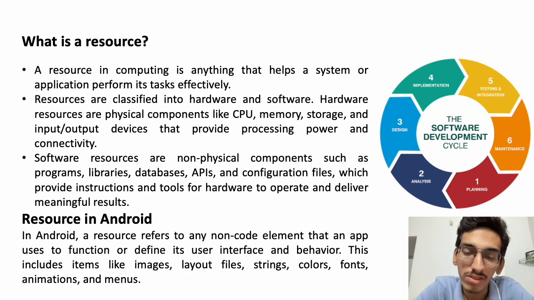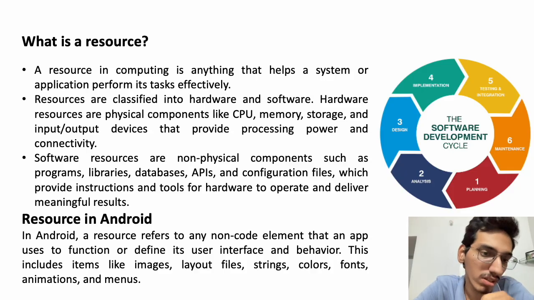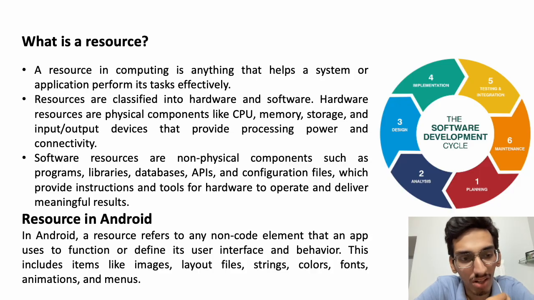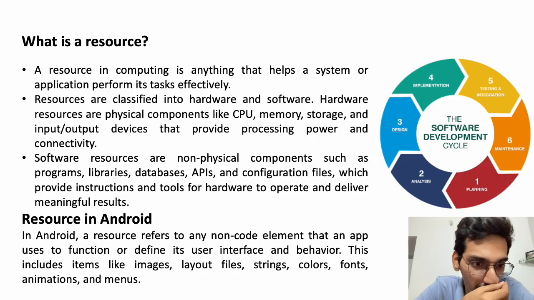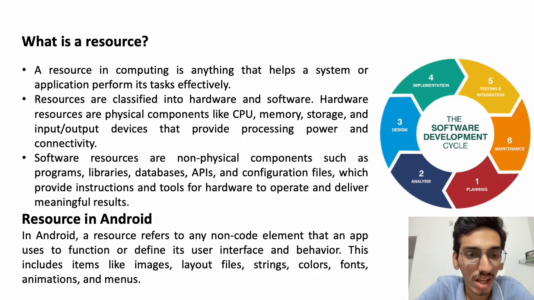Hardware resources are those resources which exist physically, like CPU, memory, storage, etc. Whereas software resources are those which are non-physical, such as programs, configuration files, libraries, and so on. Both the physical and the software resources go hand in hand by helping the developer to deliver meaningful results.